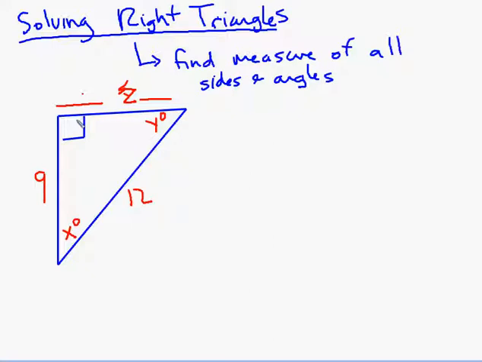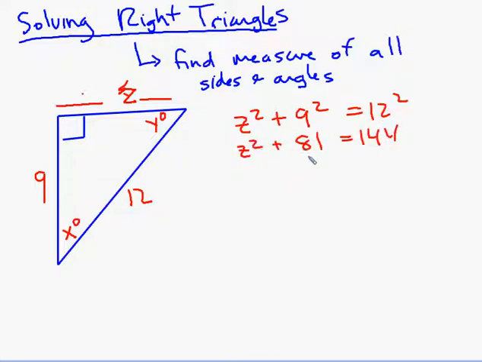I can find z because this is a right triangle, which means the Pythagorean theorem works. So I would have z squared plus 9 squared equals 12 squared. So 81, 144, z squared. Subtract the 81, so 144 minus 81 is 63.